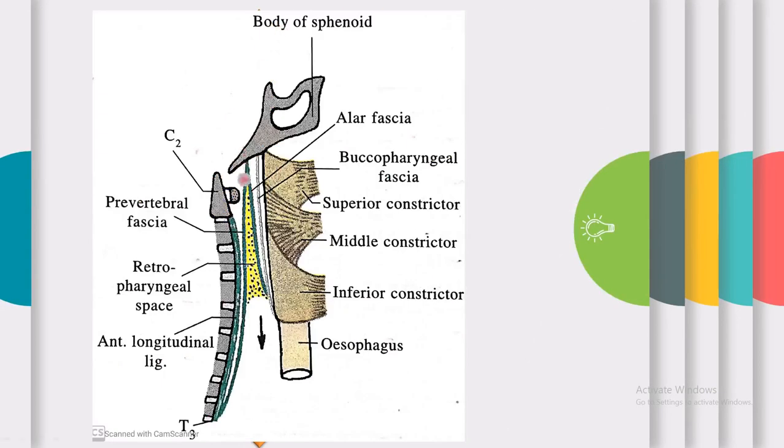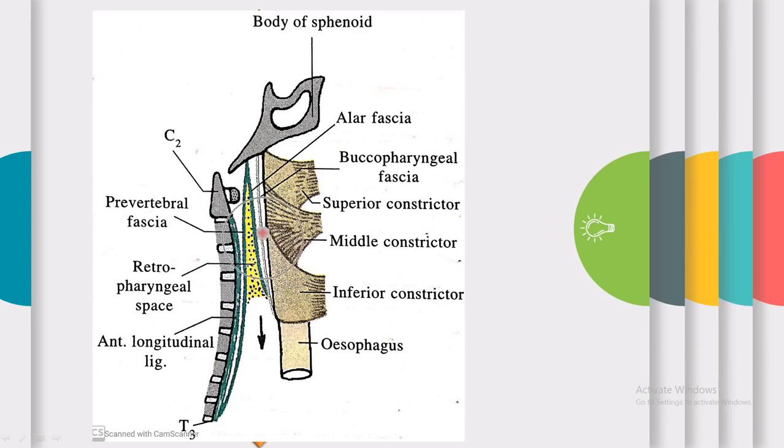When we trace above, the prevertebral fascia is attached to the base of the skull. When we trace below, the fascia is split into two layers, anterior layer and posterior layer. The anterior layer of the prevertebral fascia is also known as the alar fascia, which blends with the buccopharyngeal fascia.